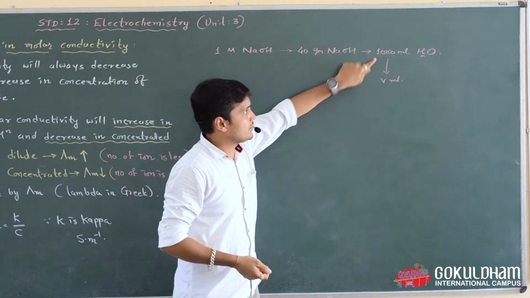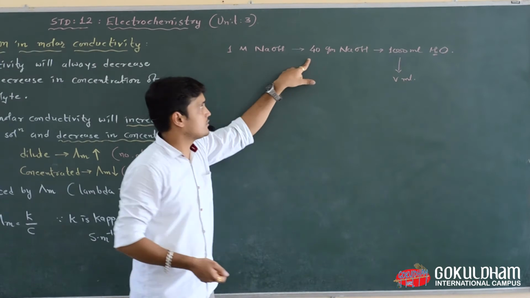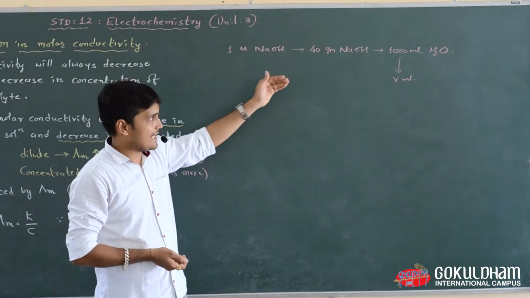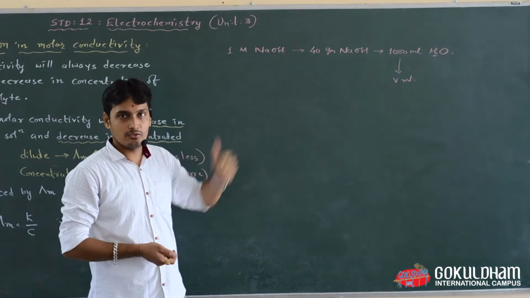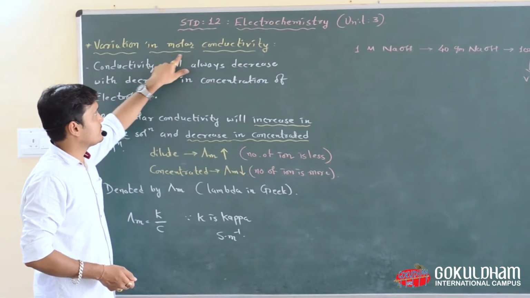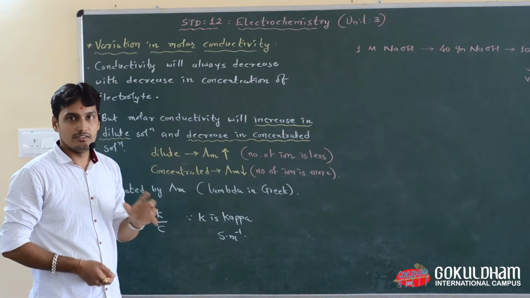Suppose going from 1000 to 10,000 ml means this solution is very dilute. If you add further water to the solution, then at that time the molar conductivity becomes very near to 0.